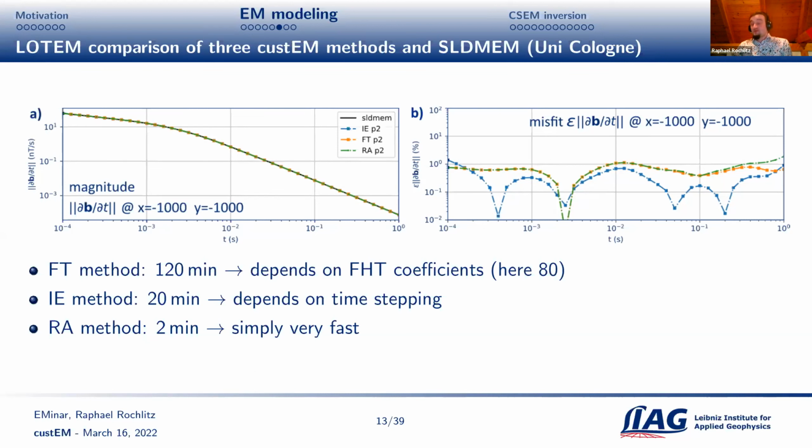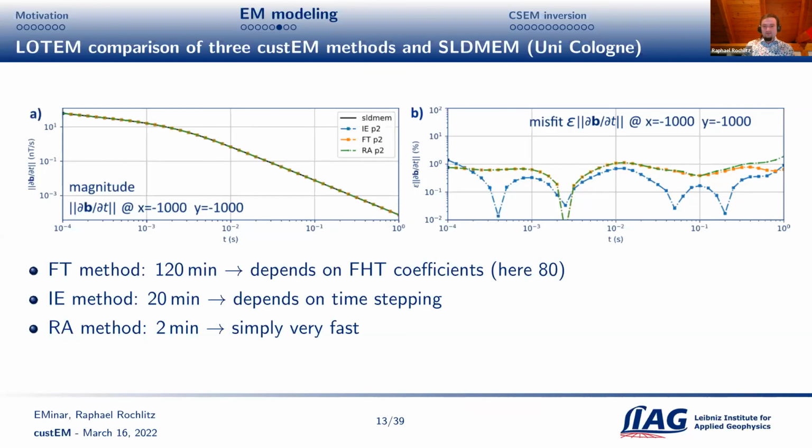So if you choose a different time stepping, this of course affects also our errors, but basically this is a proof of concept that our implementation of all 3 methods is correct because we have compared it with a real 3D model.